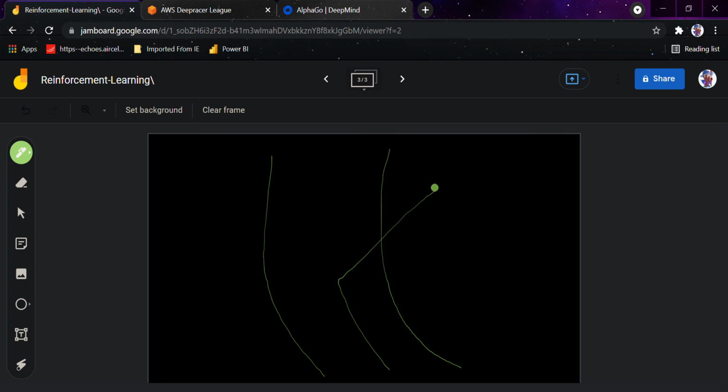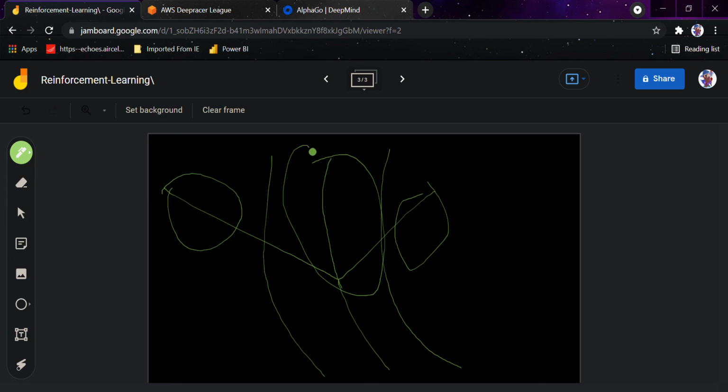After the penalty, next time it would go maybe to this side, and get a penalty again because this is also off track. Then the model would next time go in front, and it would get a reward for performing well.